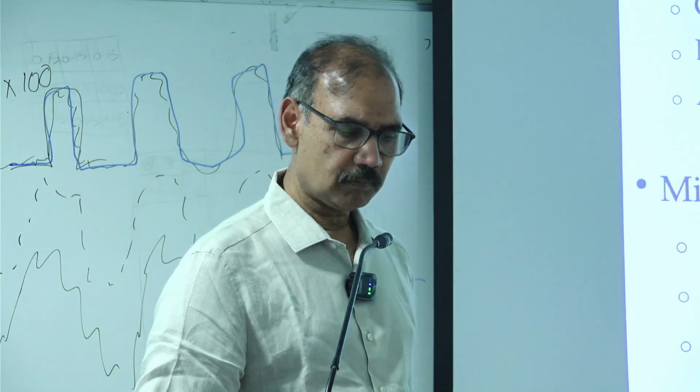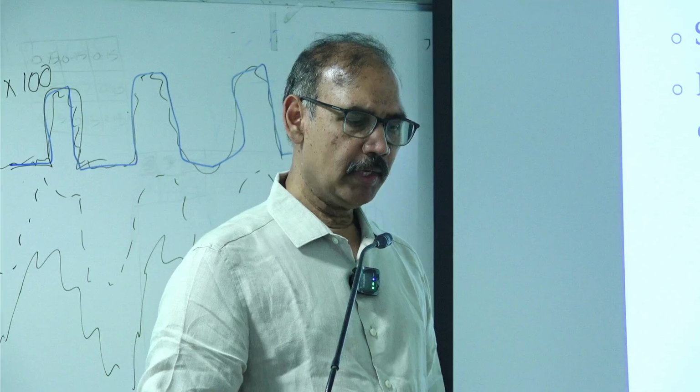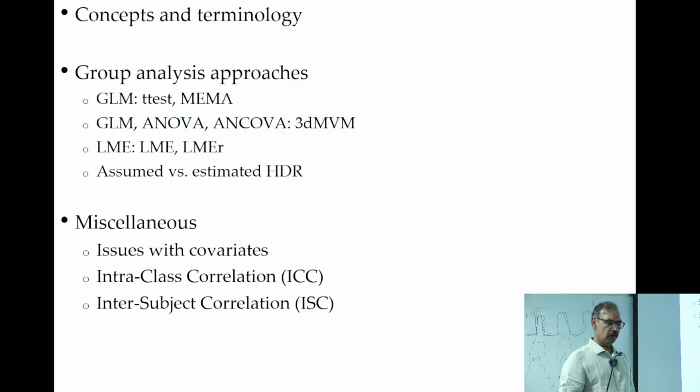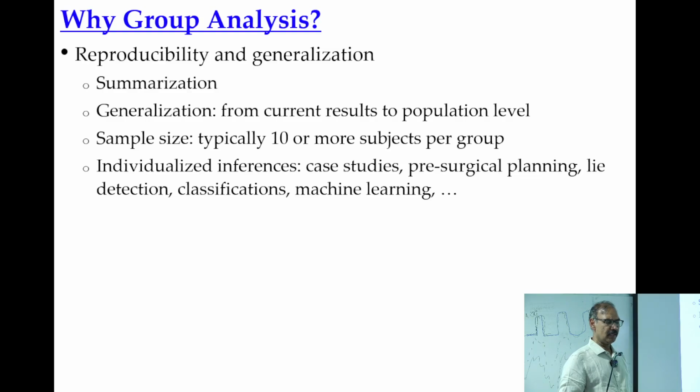Okay. All right. So again, we use group analysis because it helps us give information about reproducibility and generalization, right? And so from group analysis, you can summarize the results well, and it will generalize from your current results to population level statistics.